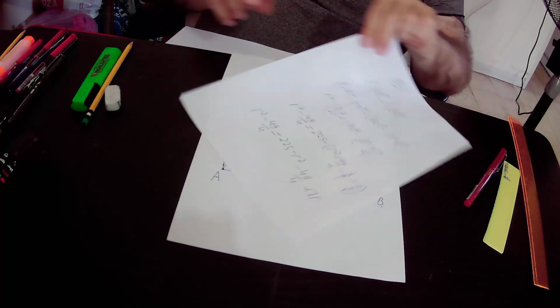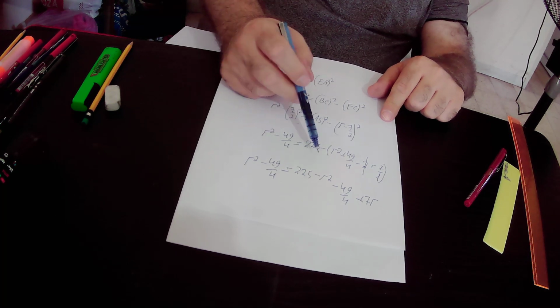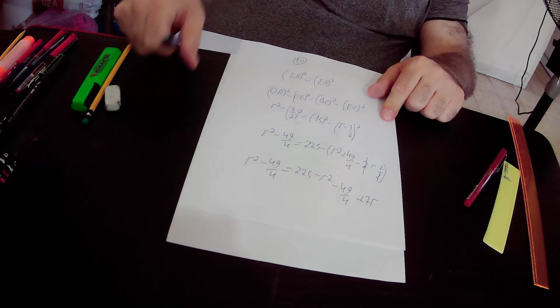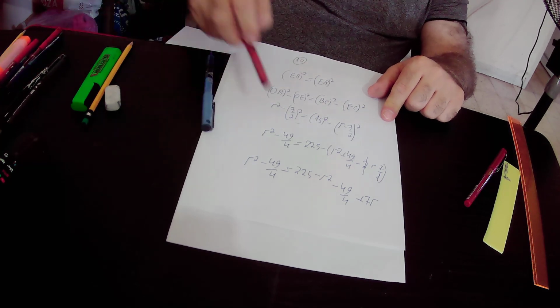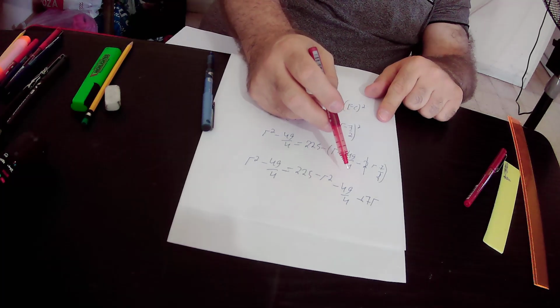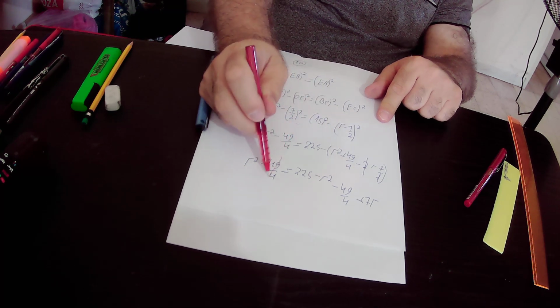Okay, so here we have R square. We can move R square to this side of the equation, so it will be 2R square, and we have here minus 49 over 4, and on the other side of the equation minus 49 over 4, so we can cancel minus 49 over 4.